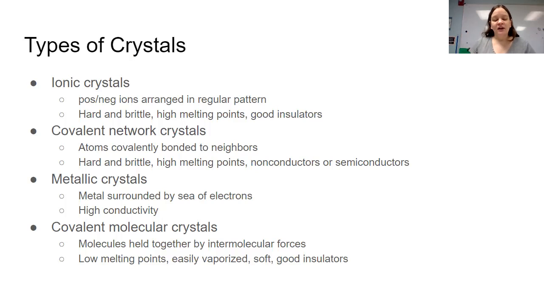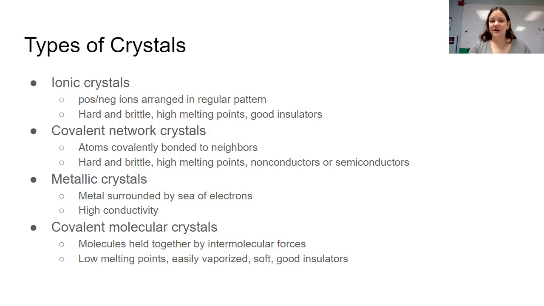They have their own properties. So depending on which type of crystal you have, that determines the specific properties of that substance. Okay, so for instance, ionic crystals. So these are going to be substances that, think back to last semester, we talked about ionic compounds.